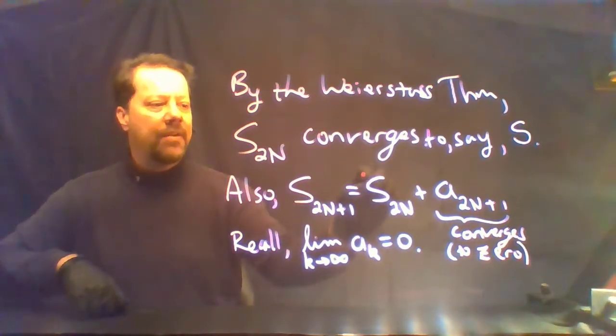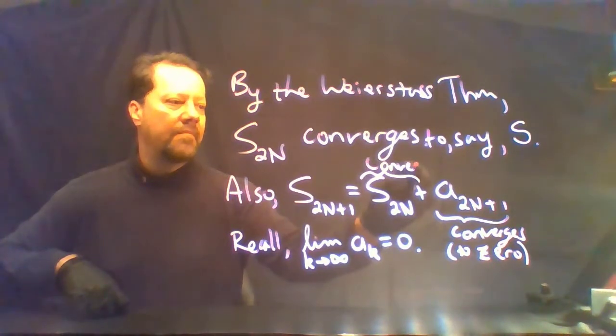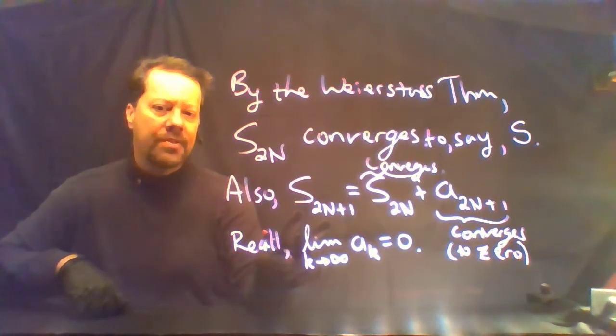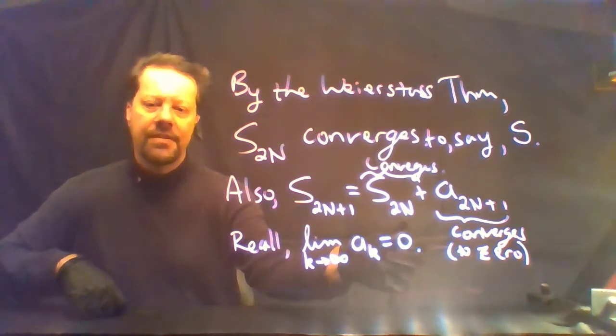We already know that this sequence converges by the Weierstrass theorem, which means that the sequence of odd partial sums is equal to the sum of two convergent sequences.